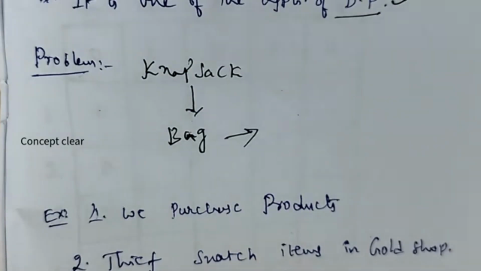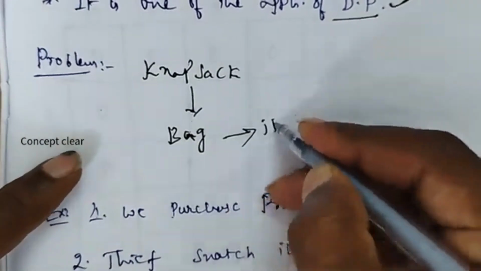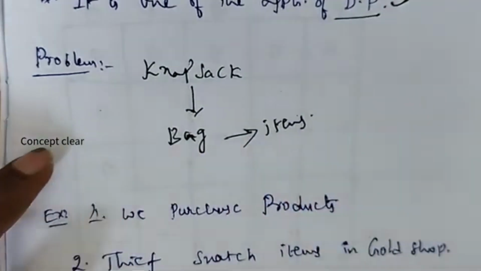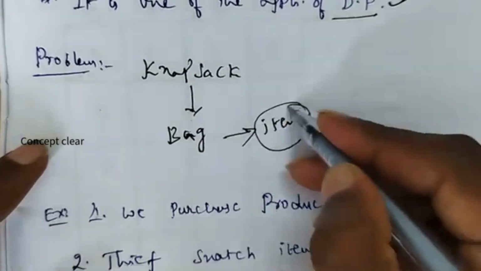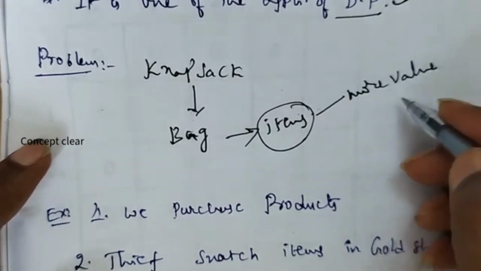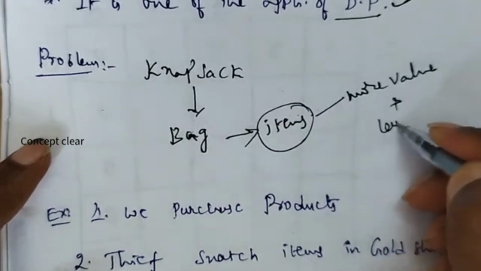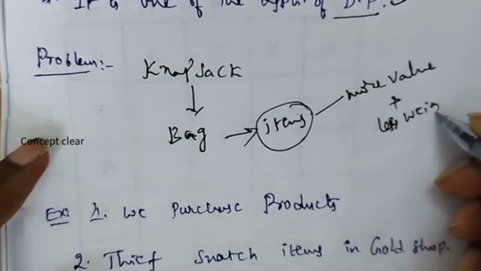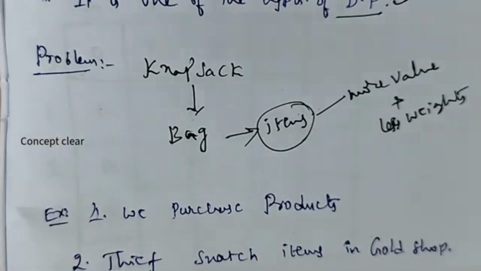Same here, we have to fill the bag with items, but these items should contain more value and less weight. We have to fill our bag with high-value items with less weight, and the total should not exceed the bag capacity.